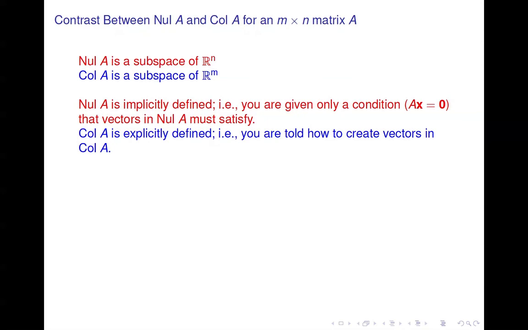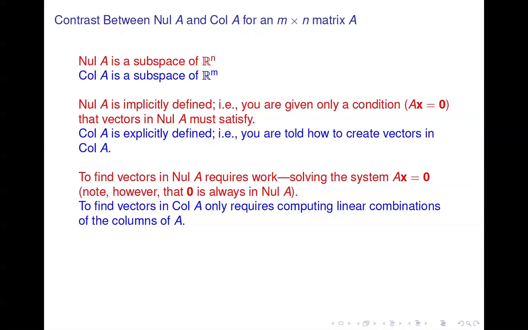So you can look at the matrix A and you know that the columns you're looking at are in the column space, and you know how to create more entries in the column space.